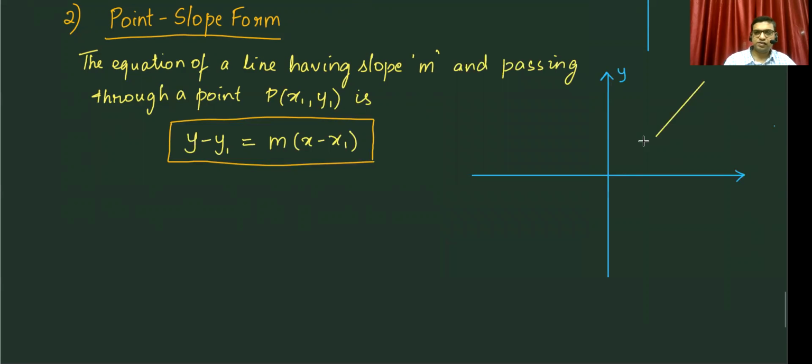So we have to find the locus of any point on this line. So let's say A is any point x comma y. This is a moving point. It moves on the line. Oh, sorry, this is not P, this is A, because P we have already given as a point.